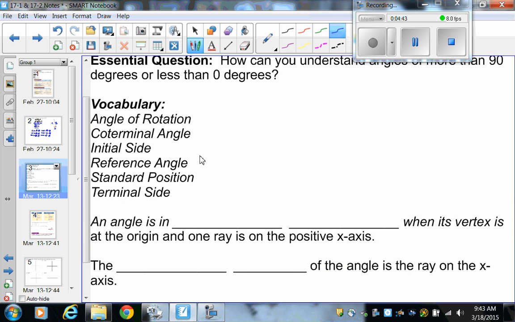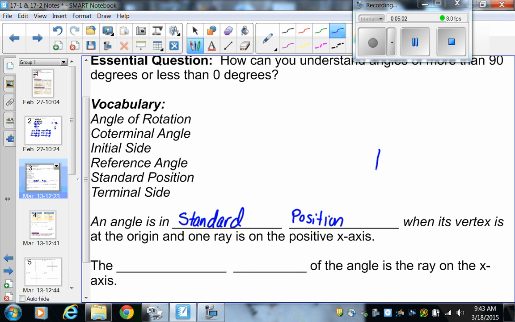So our first word is, an angle is in standard position when its vertex is at the origin and one ray is on the positive x-axis.